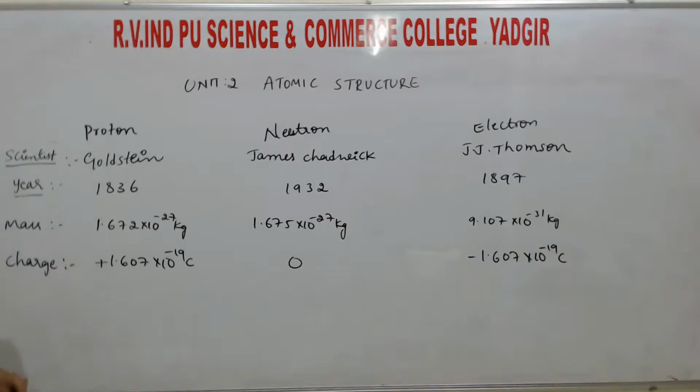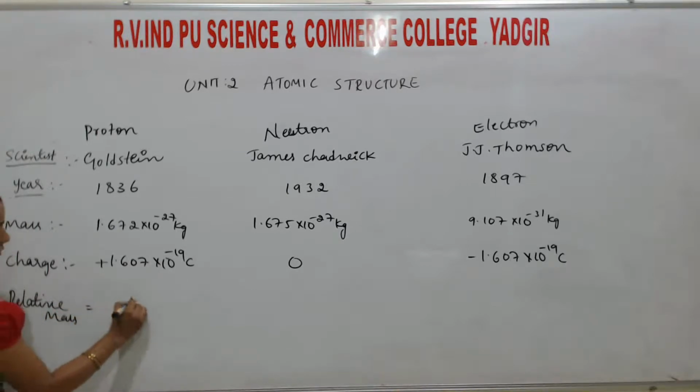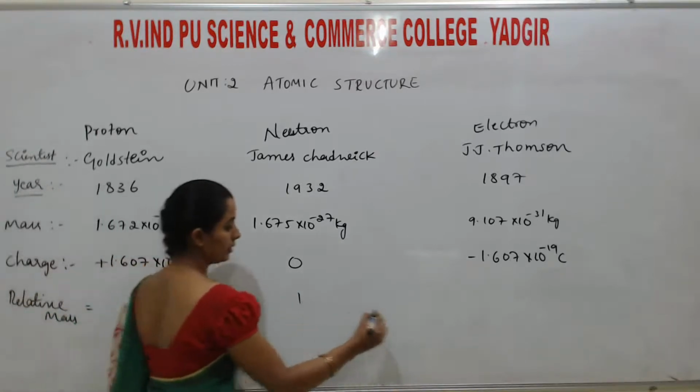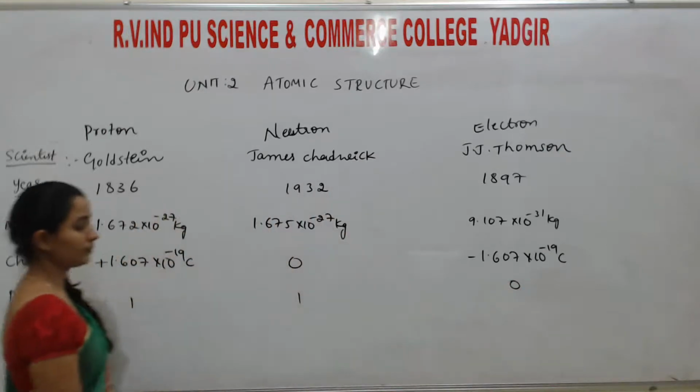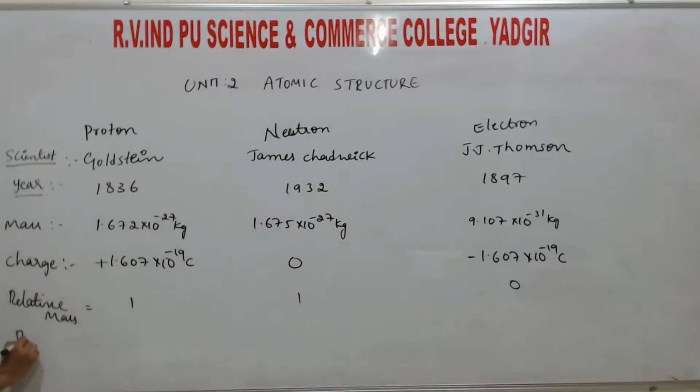This is neutral. Now, students, if you want to take relative mass, it is 1, 1, 0. Okay? So the mass of proton is 1, the mass of neutron is 1, the mass of electron is 0.